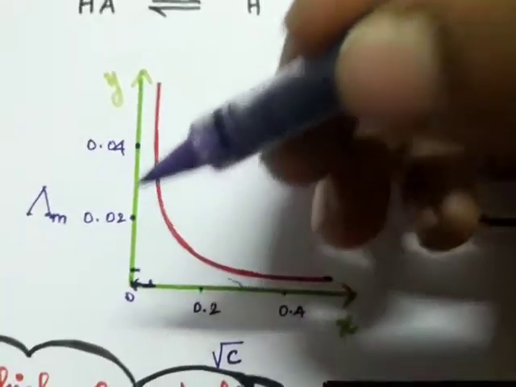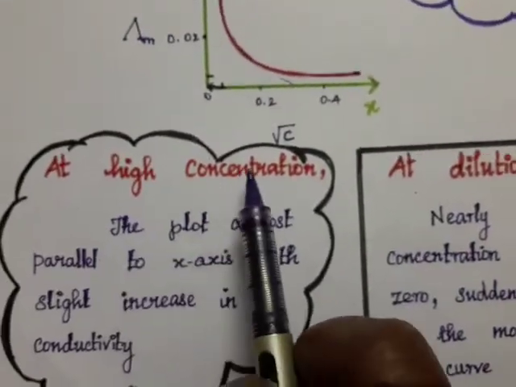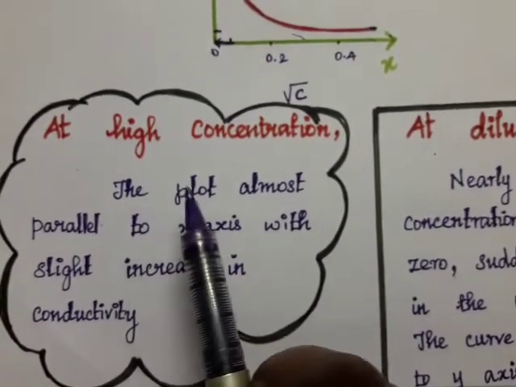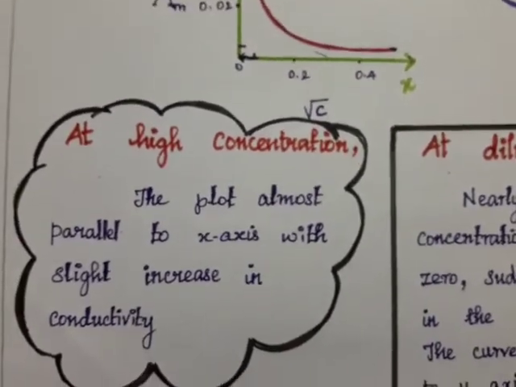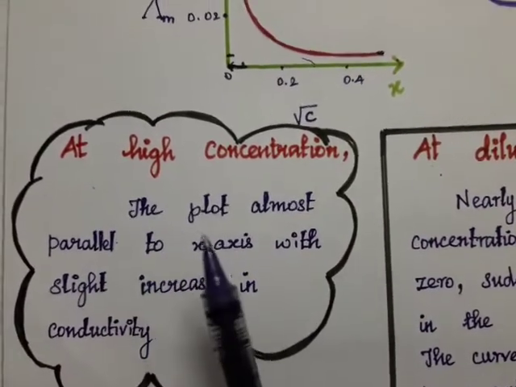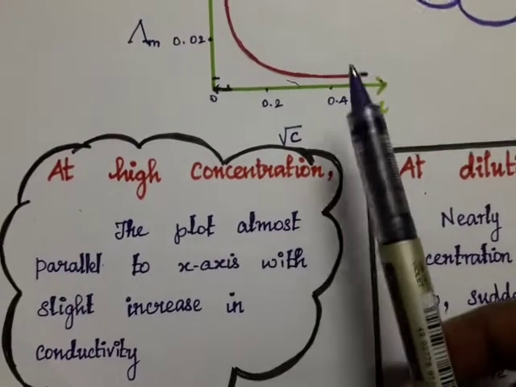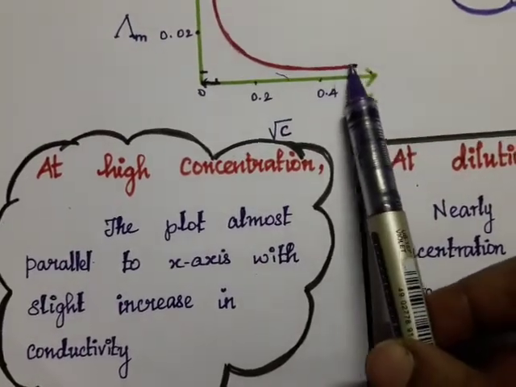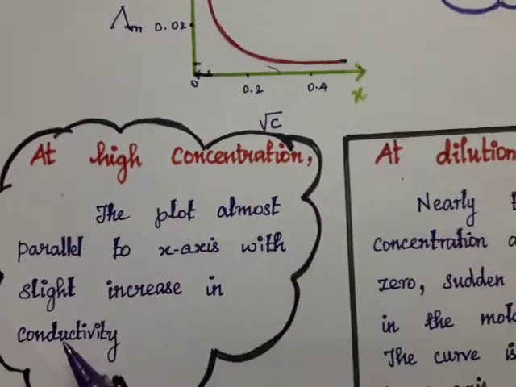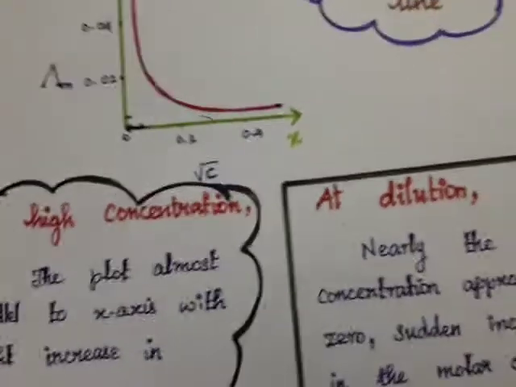So that has been written here. At high concentration, the plot is almost parallel to the x-axis, with a slight increase in conductivity.